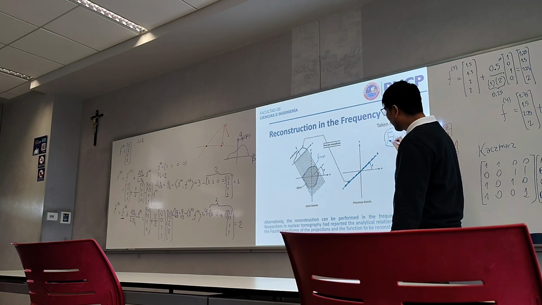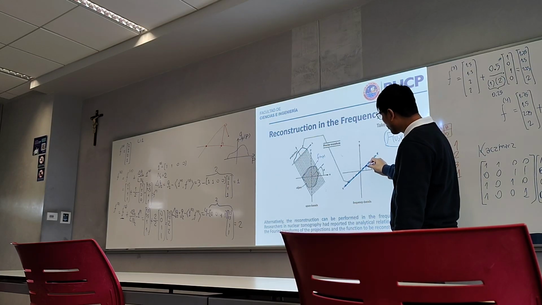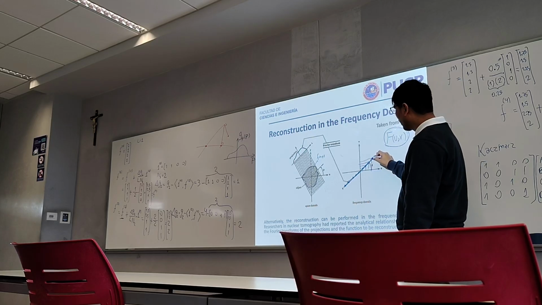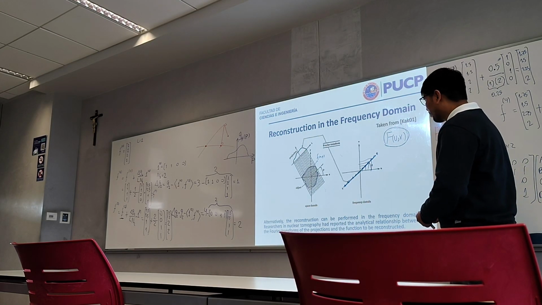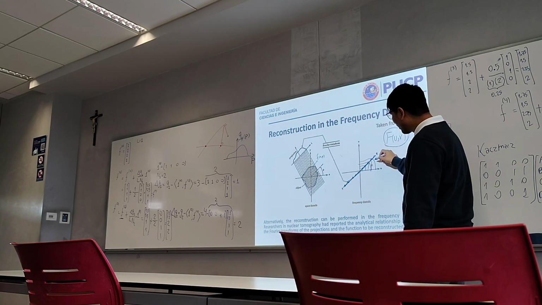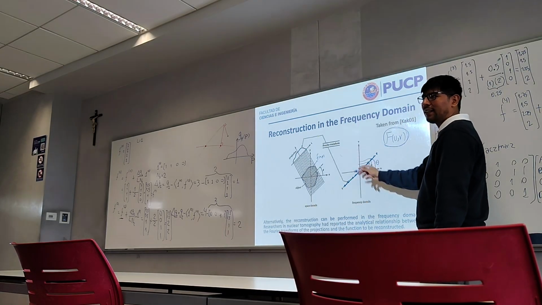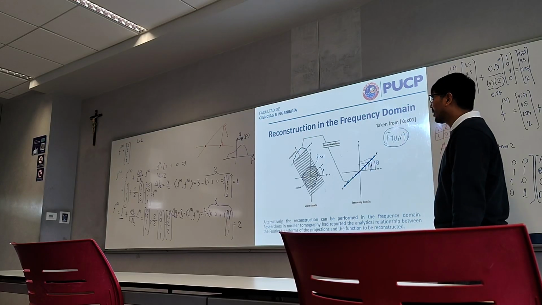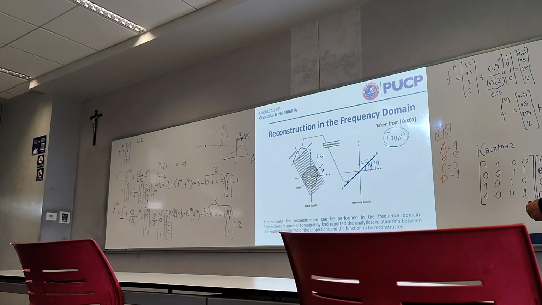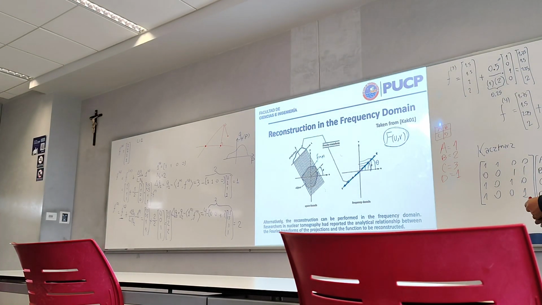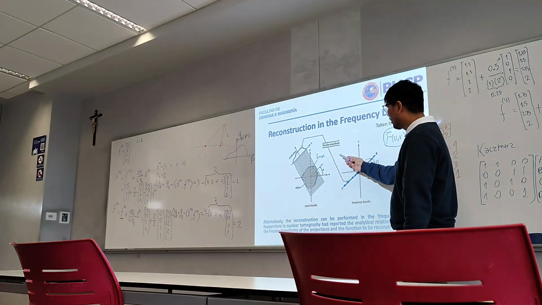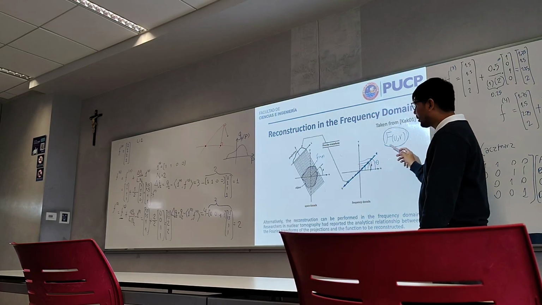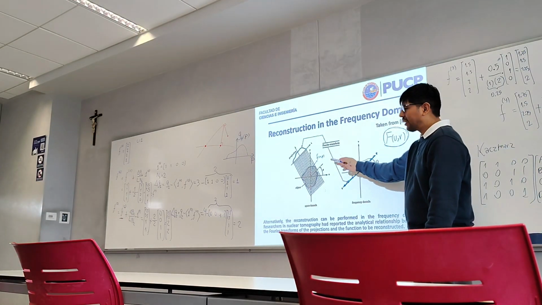We obtain F(u,v) for some coordinates u and v across this line that has the angle theta of the projection. So that's the main idea. The Fourier transform in one dimension of the projection will give us some information about the 2D Fourier transform of the original function f(x,y).